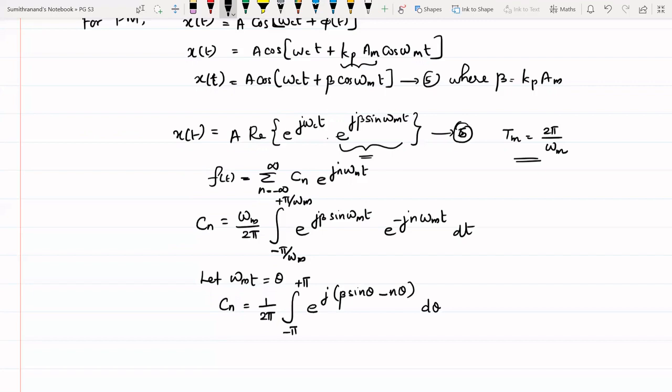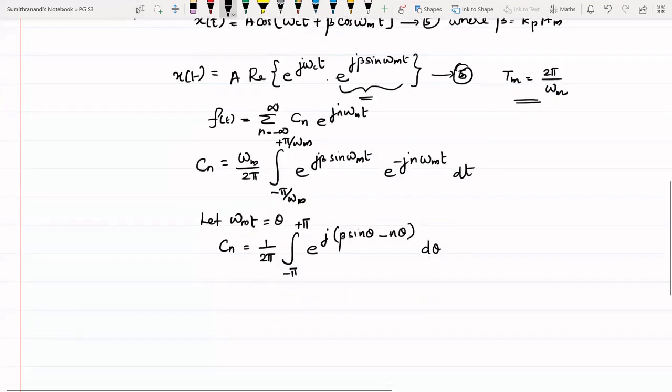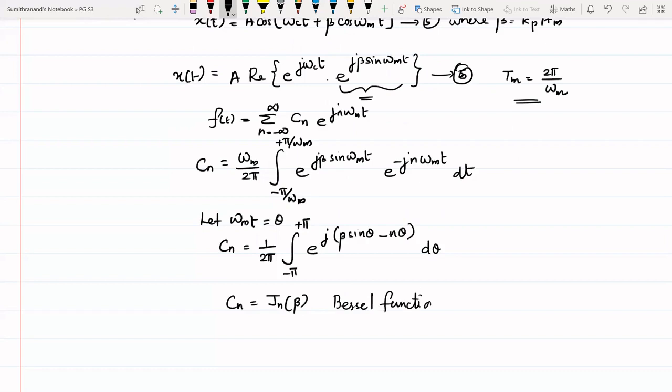And this function, that is 1 by 2 pi into integral minus pi to pi e raised to j into beta sine theta minus n theta d theta, is the Bessel function of first kind. So we can write Cn as Jn beta, that is Bessel function of first kind.